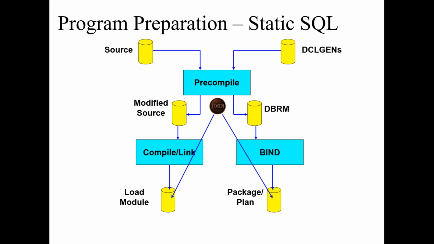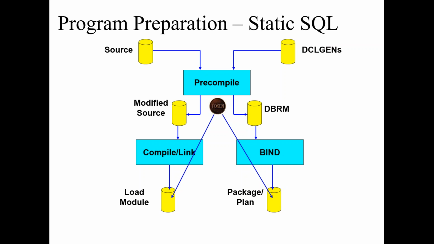That consistency token, you can think of it like a timestamp that is placed in the modified source and in the DBRM and carried through down to the bottom. It's actually just a big hex thing, but you can think of it like a timestamp. It's generated by the precompiler.